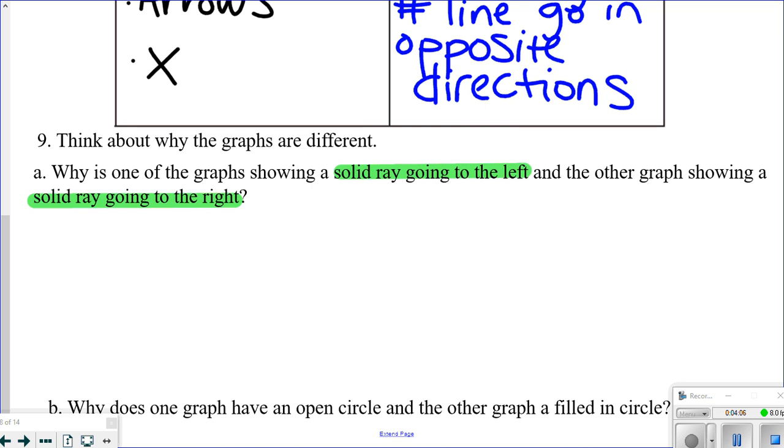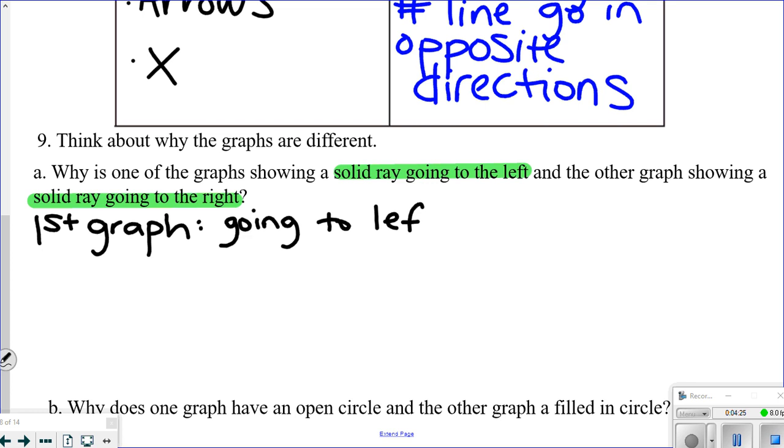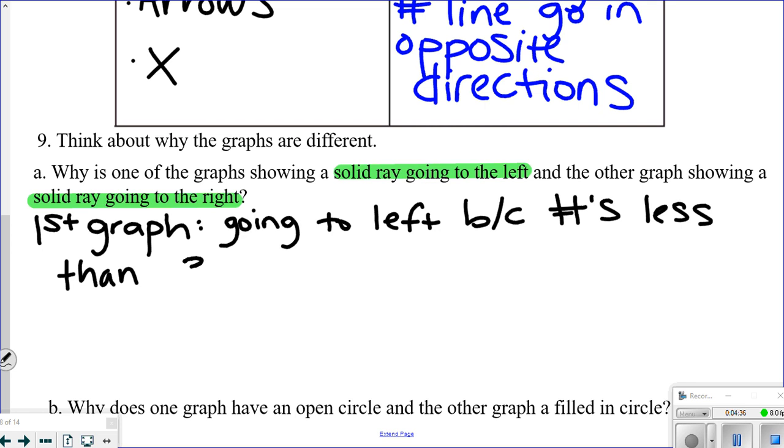So the first graph, the one on the left, has a solid ray going to the left because numbers less than 3 are to the left of 3 on the number line.